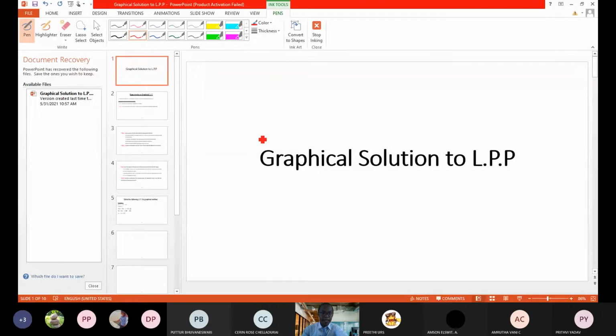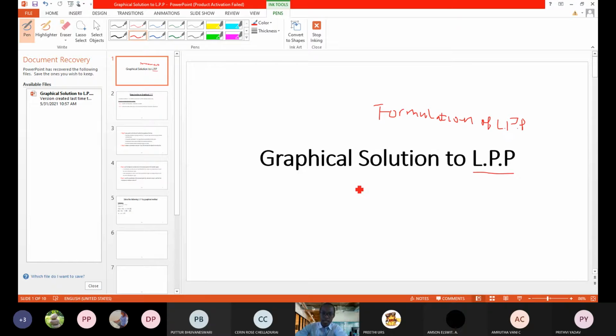All right. So in the graphical solution to LPP, or linear programming problems, whatever we have done in formulation, you remember we did the formulation of LPP, we are going to put them into the graphical method.